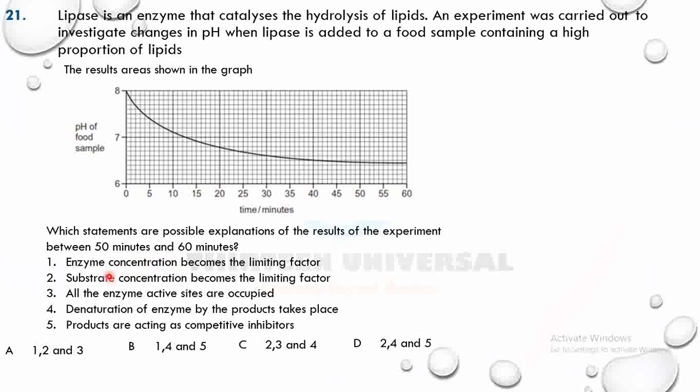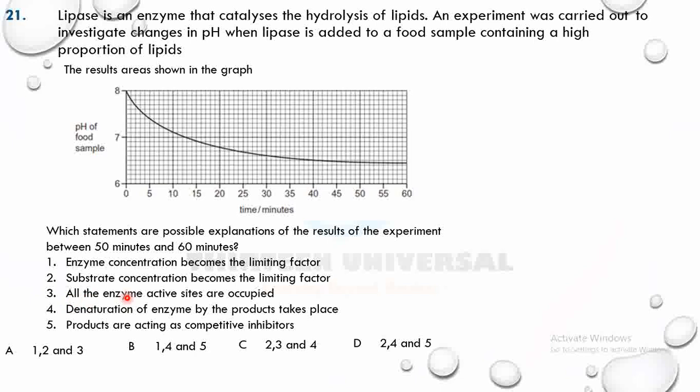The limiting factor should be substrate concentration, because substrate is decreasing, so we're having less substrate. As the reaction progresses, more lipids are broken down to fatty acids and glycerol, and the fatty acid is what is causing the pH to decrease. So number 2 should be there.